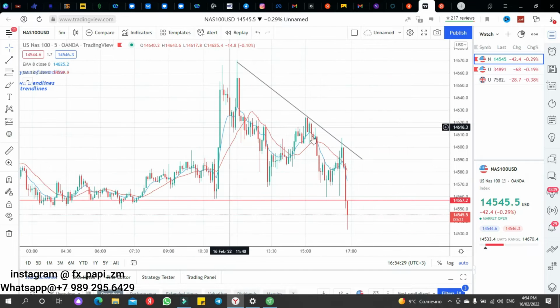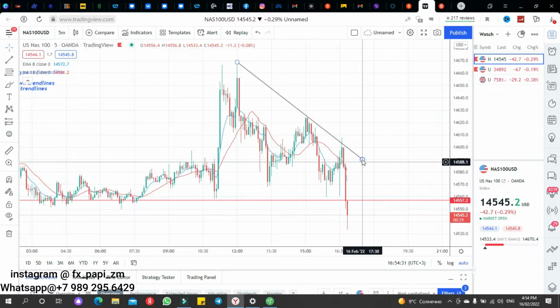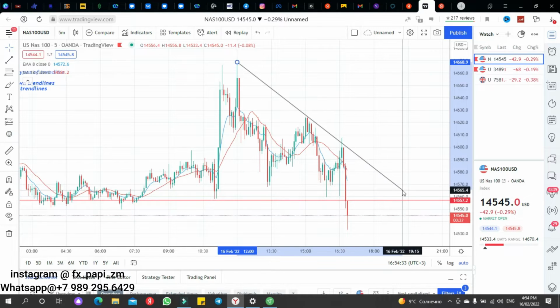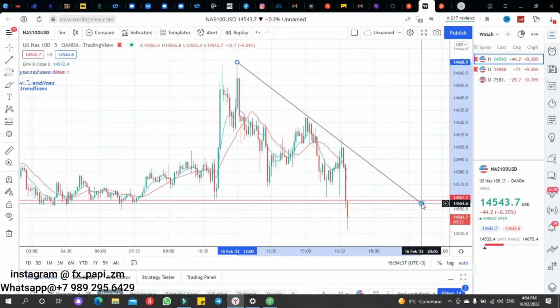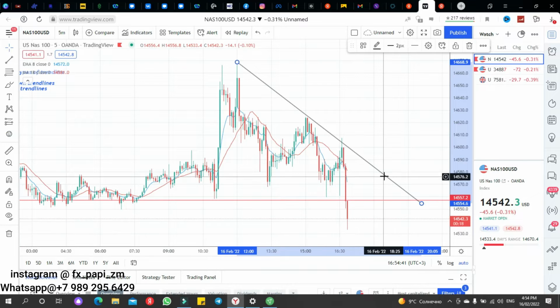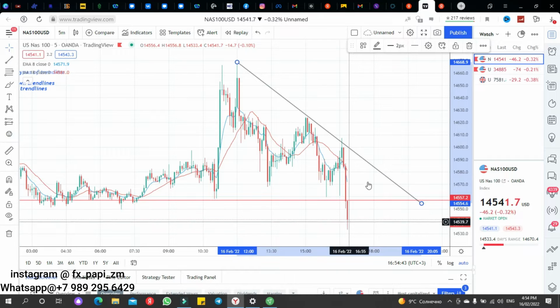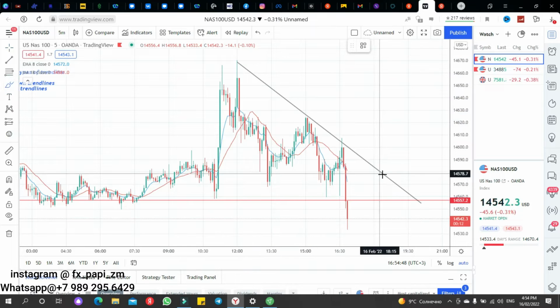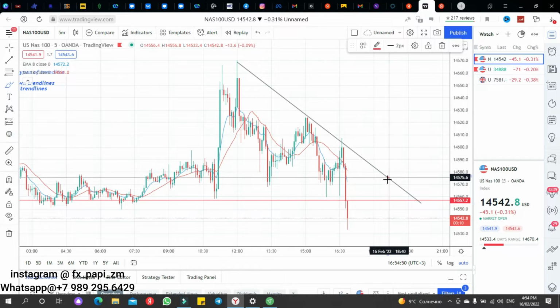So most of the times, guys, for me, if I was to enter using the trend line, then my next entry would be somewhere here. If the market comes to this area here, most likely the market can bounce down here.